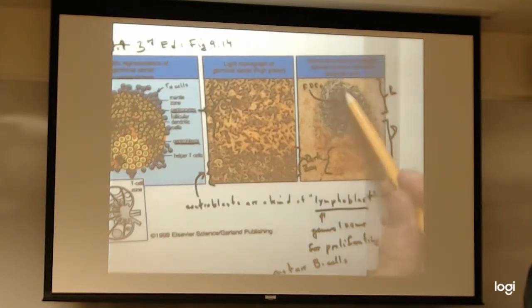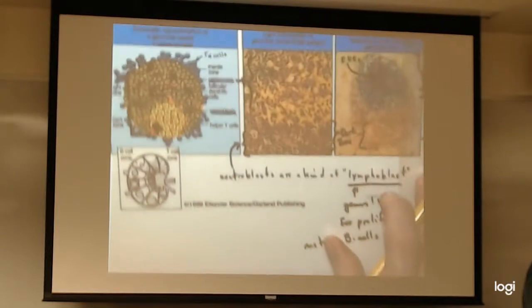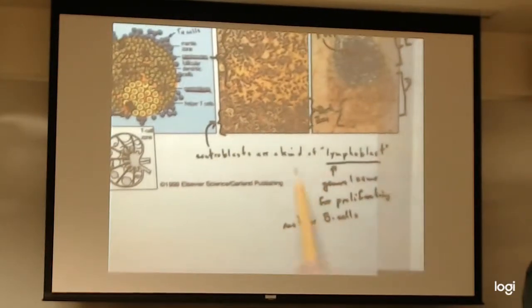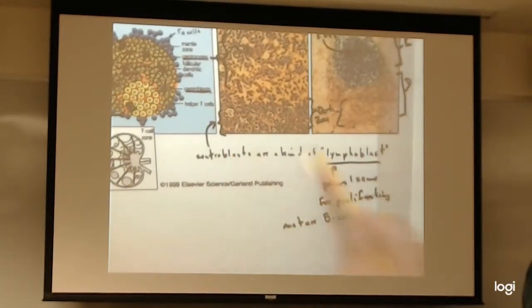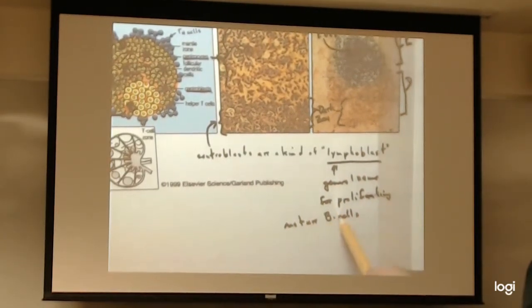Here we've seen the dendritic cells, which are all up in here. So centroblasts here are kind of lymphoblasts. Lymphoblast is a general name for proliferating cells.